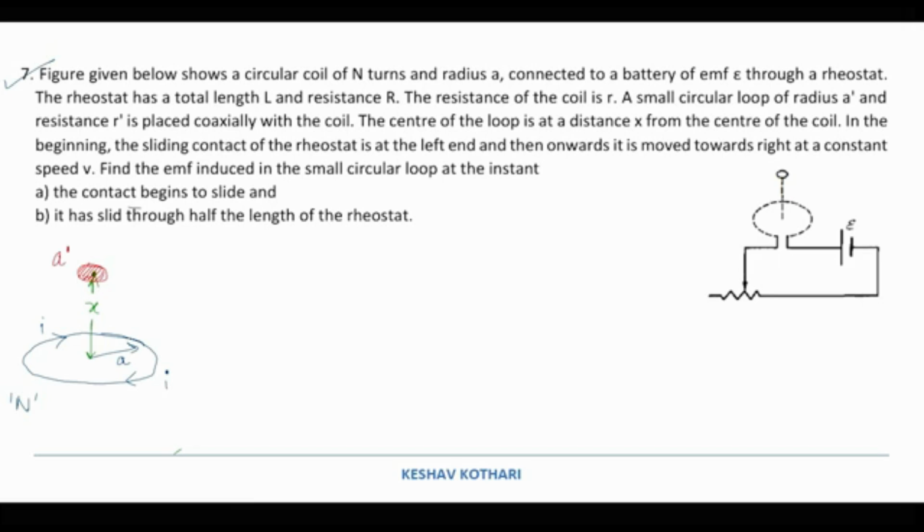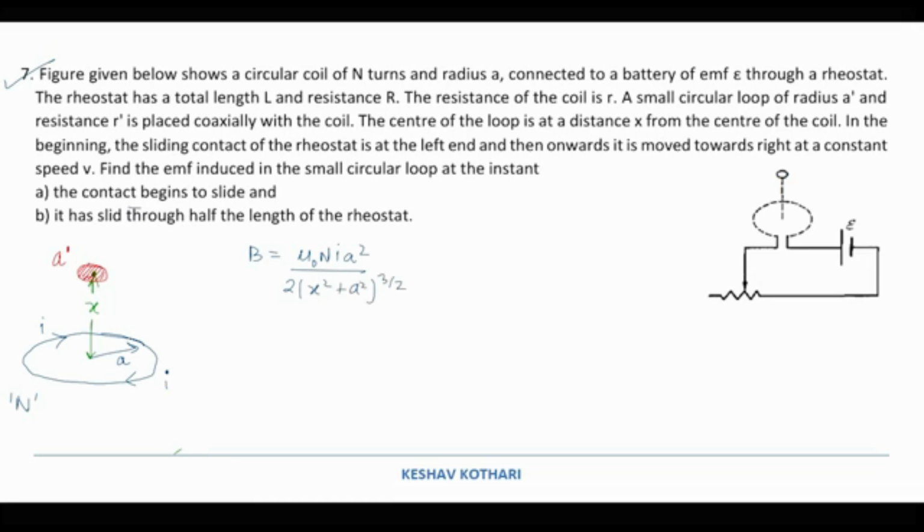So the magnetic field at a distance x can be written in this way: B is equal to mu naught N i a square upon twice of x square plus a square to the power 3 by 2.